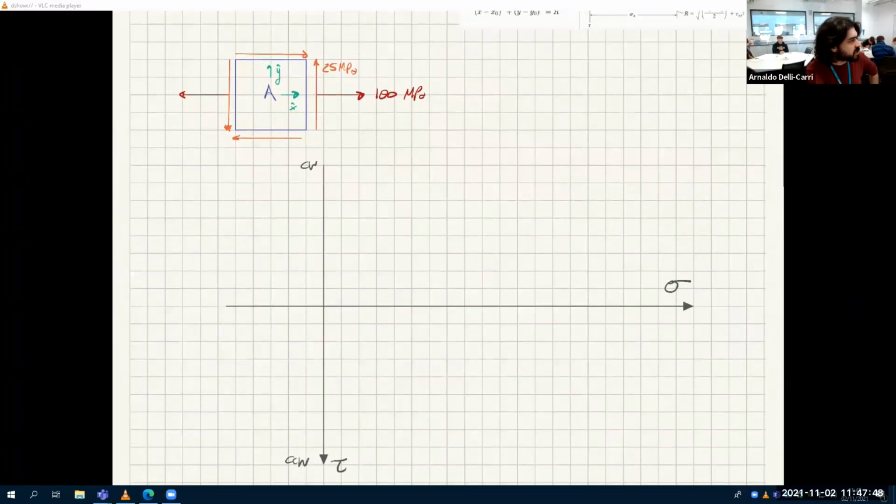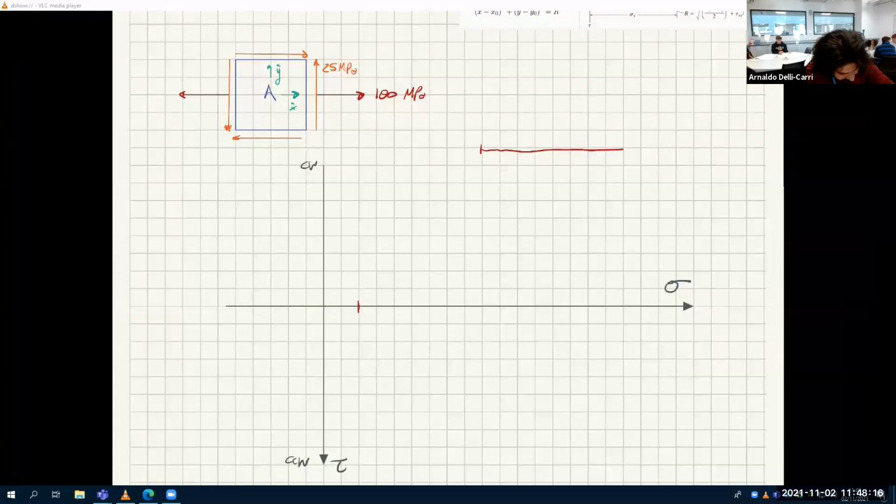How do you draw the Mohr circle? Step 1, draw the axes. Step 2, find what? Coordinates. Which ones? Sigma x and tau xy. So sigma x is 100. Let's say that each one of these is 25, so 25, 25, 25, 25.